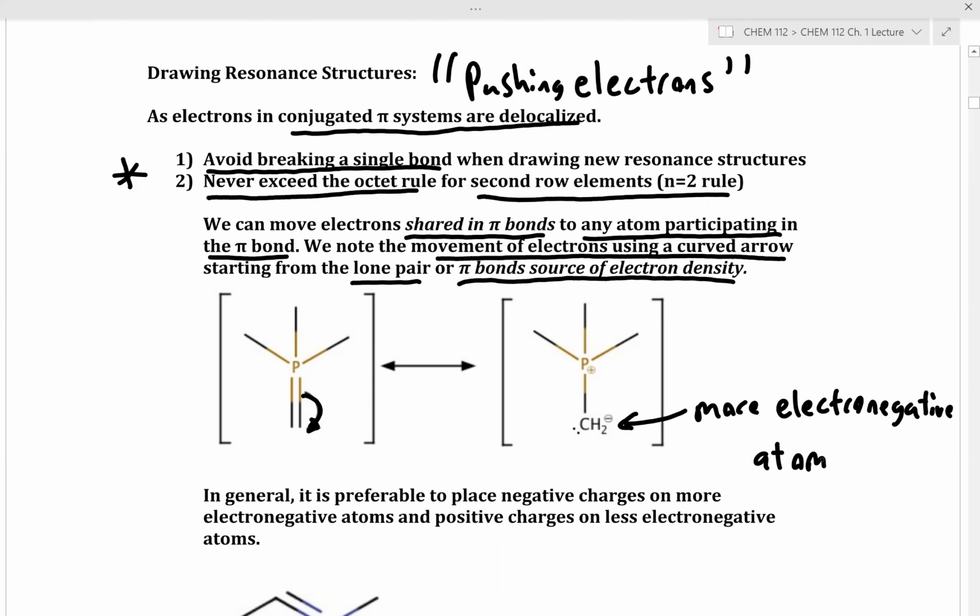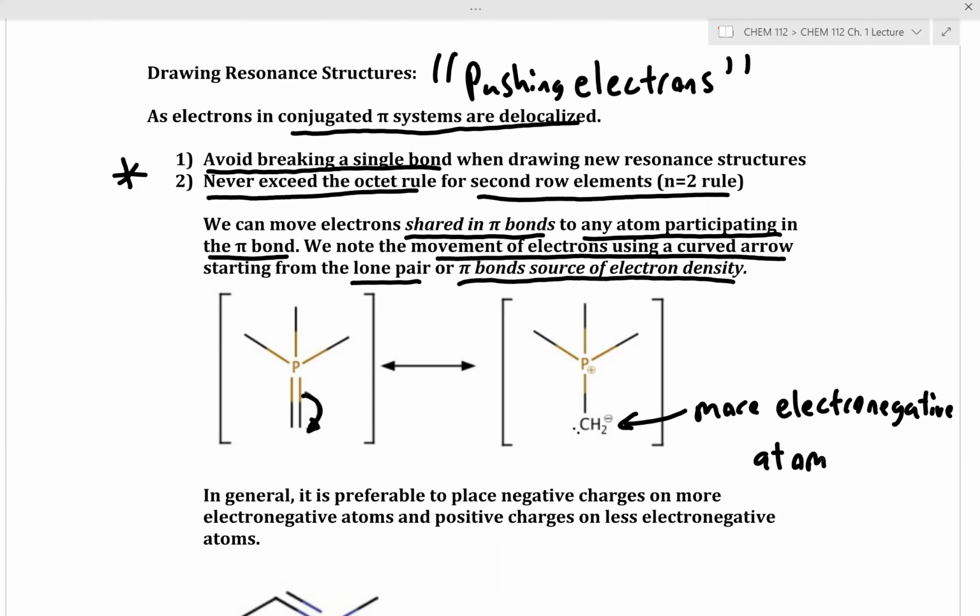Does this structure obey the octet rule? Yeah, it looks pretty good with regards to the octet rule, but are the formal charges reasonable? Does carbon like to have a negative formal charge?